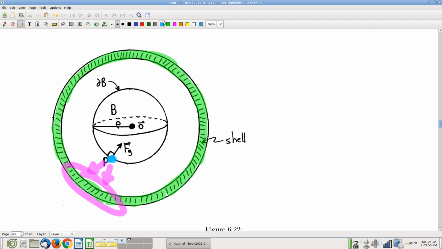All of this mass over here, it's further away by quite a bit. But look how much more of it there is. So here we have more mass pulling from a greater distance. Here we have less mass pulling from a shorter distance. Who wins? By how much?